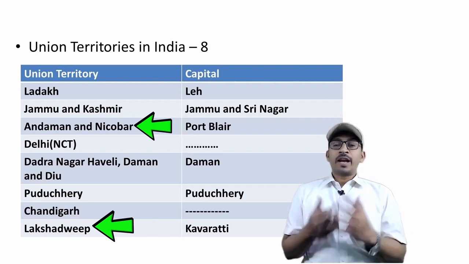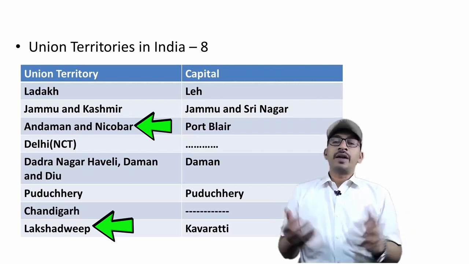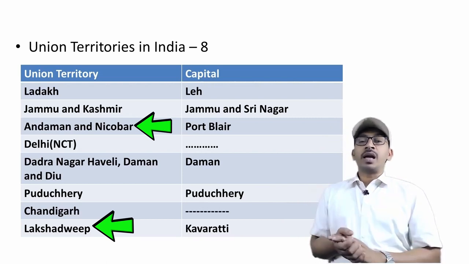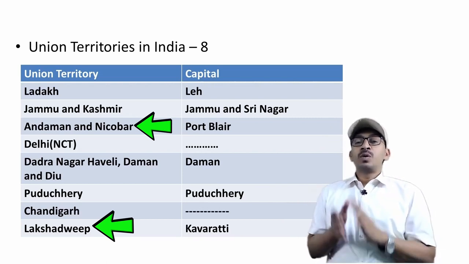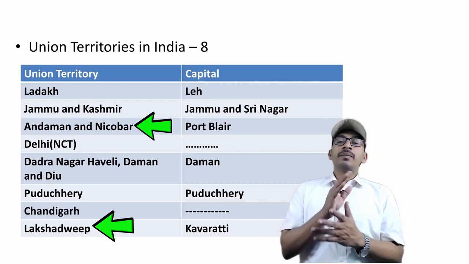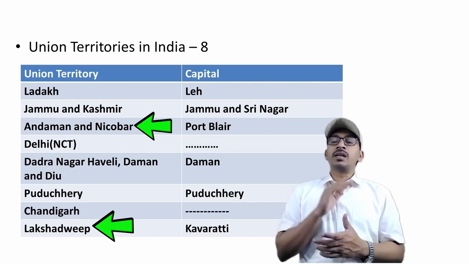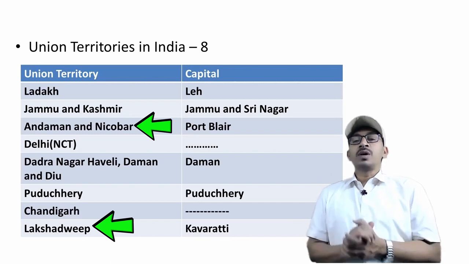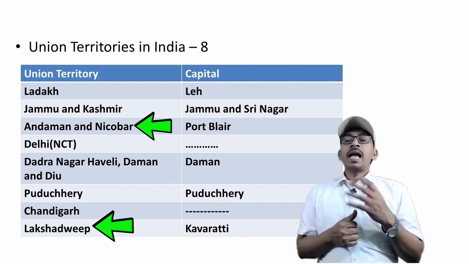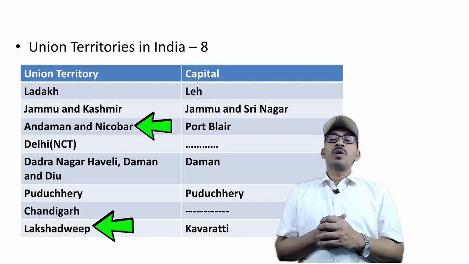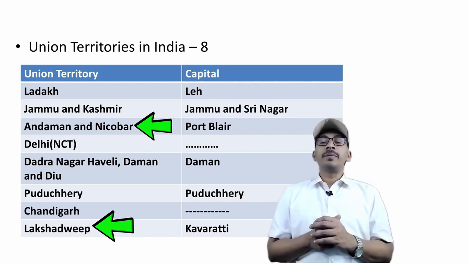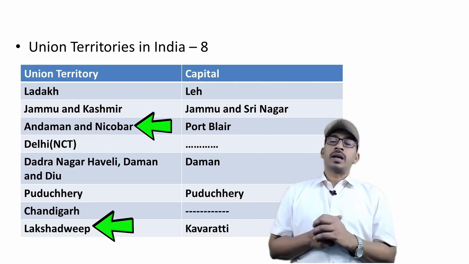They don't have enough population. They are not big enough to declare as a state. They are not close to any state of India to add them with any state. They are almost 200 to 300 kilometers from the coast. As they are also important for security of our country, Andaman Nicobar and Lakshadweep are declared as union territories.